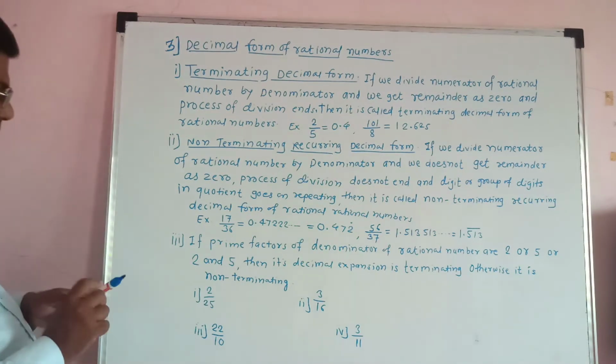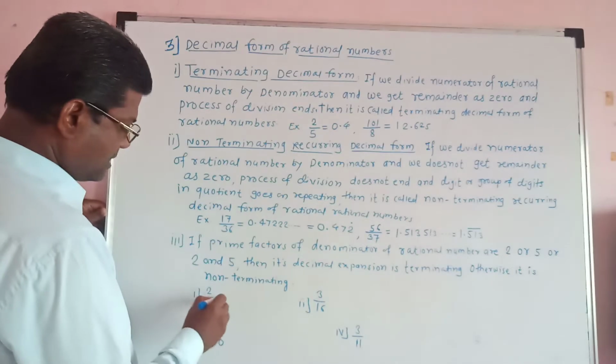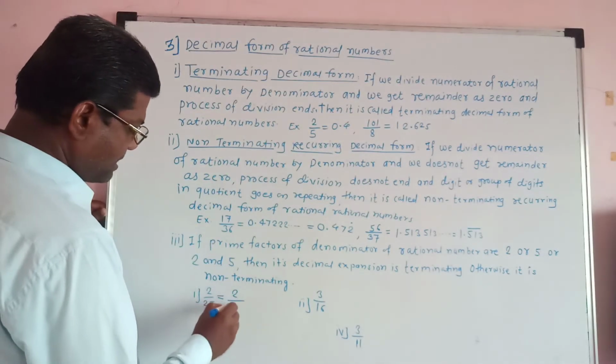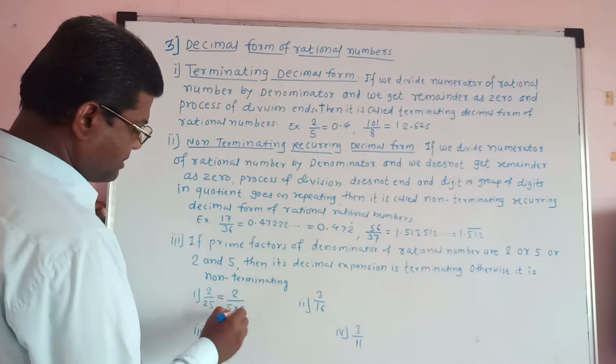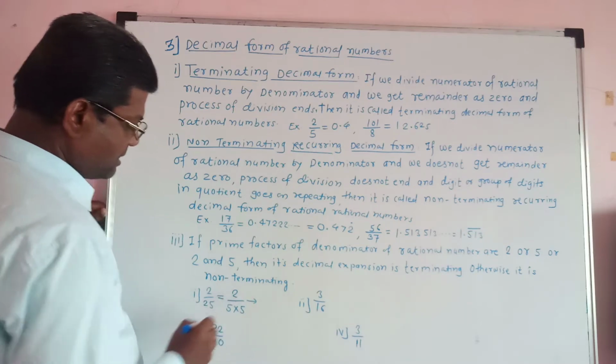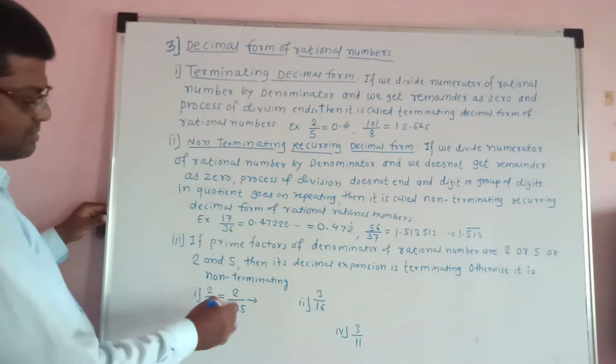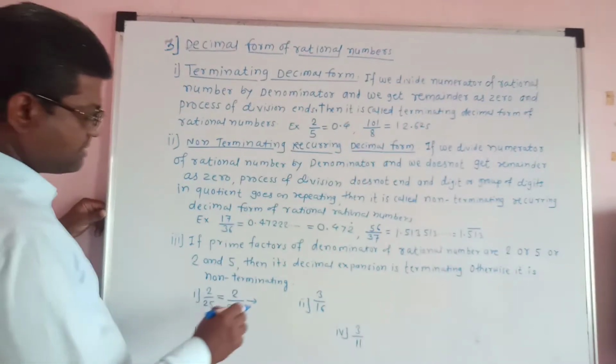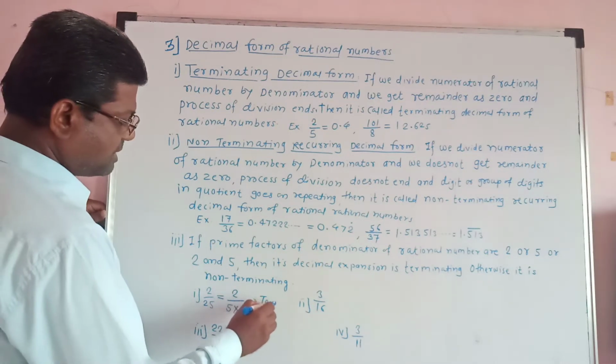For example, let us see 2 upon 25. 25 can be written as 5 into 5. Therefore, the decimal form of this rational number will be terminating.